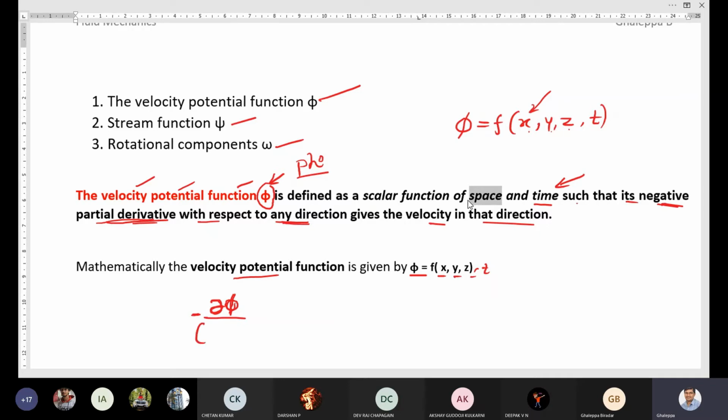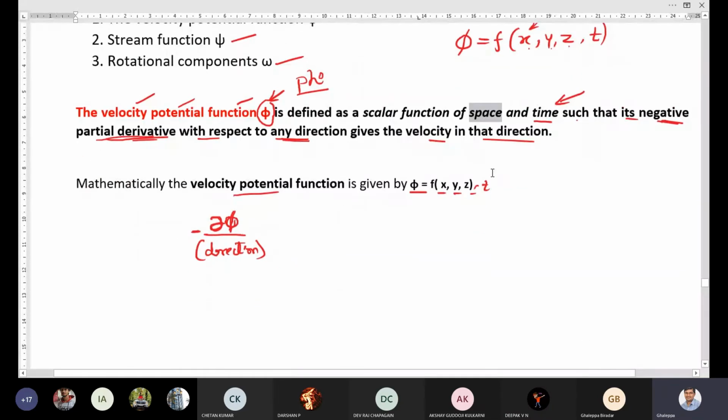It may be the x direction, y direction, or z direction. It gives the velocity in that particular direction, in general.